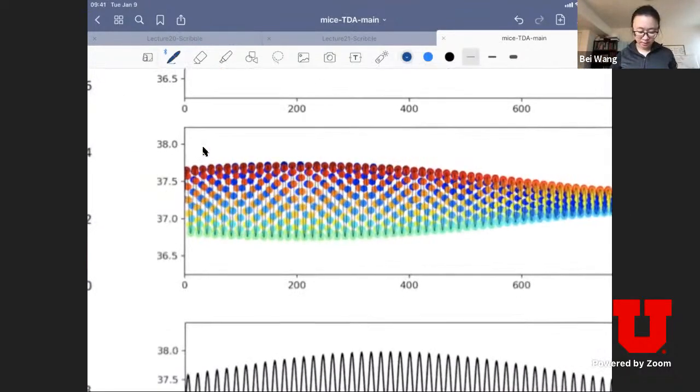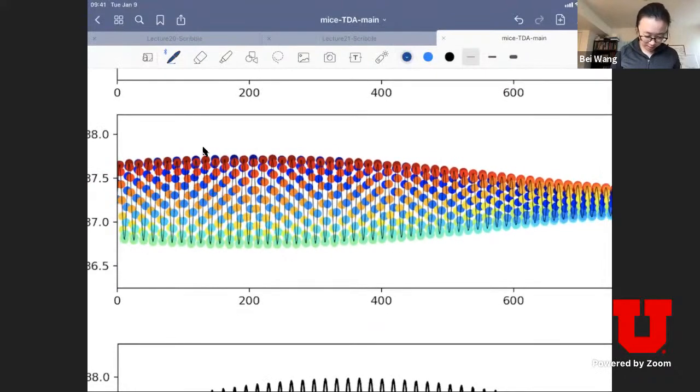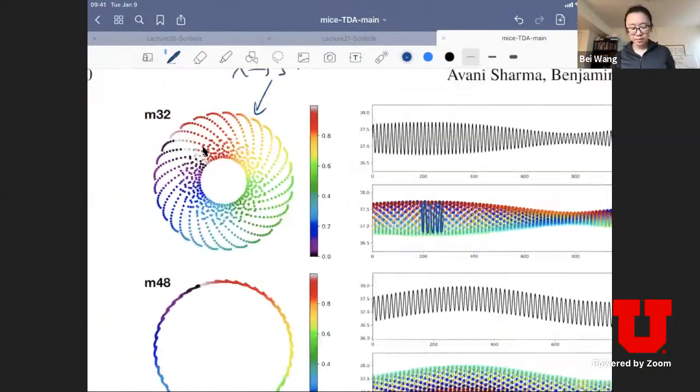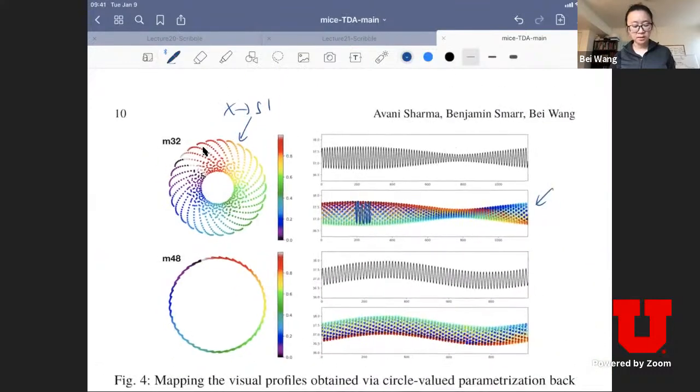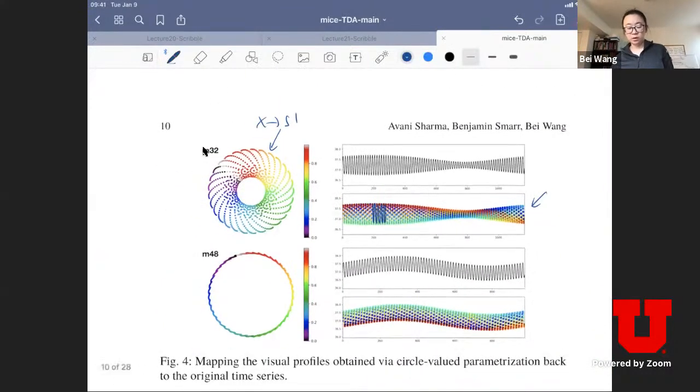It's quite dense, but basically the rainbow color goes up and down like this to really capture the periodicity of the signal, okay? That's something people commonly do when they study TDA and signal analysis: you can also map the loopy structure back onto the original time sequence, okay?